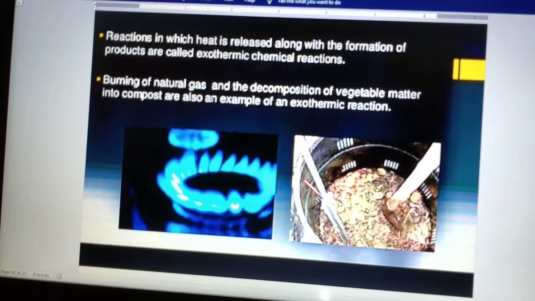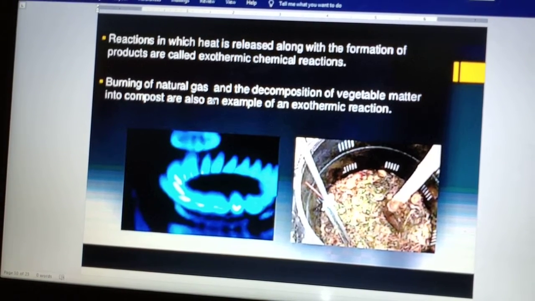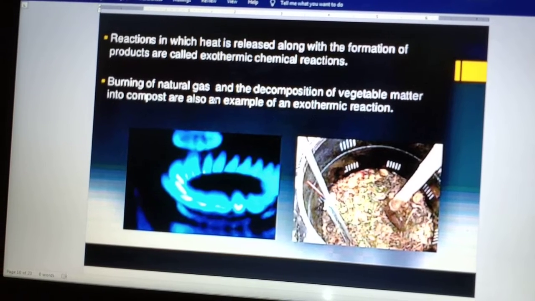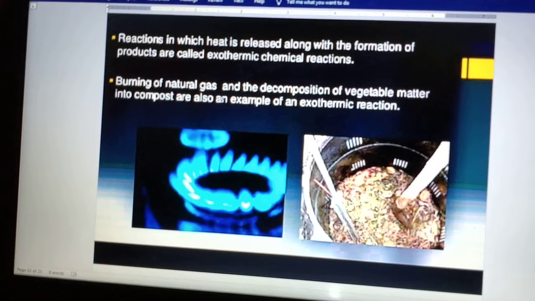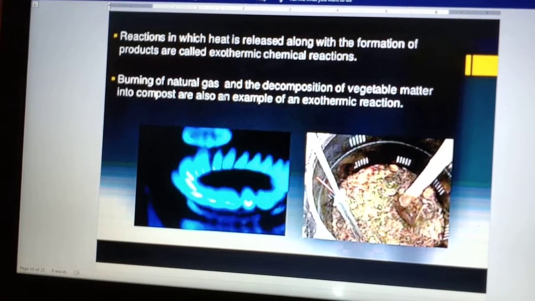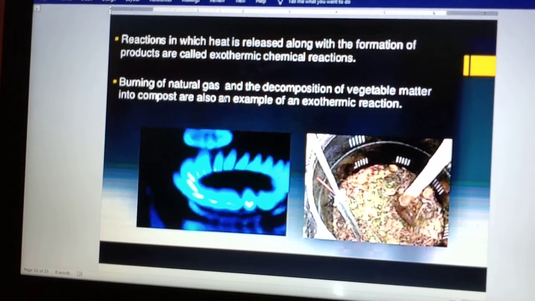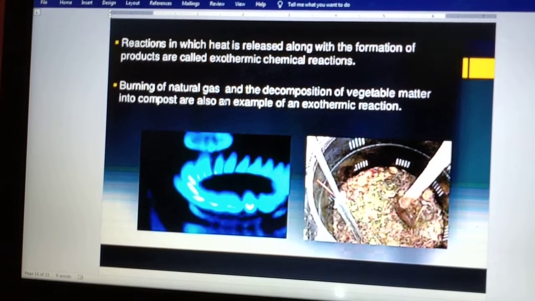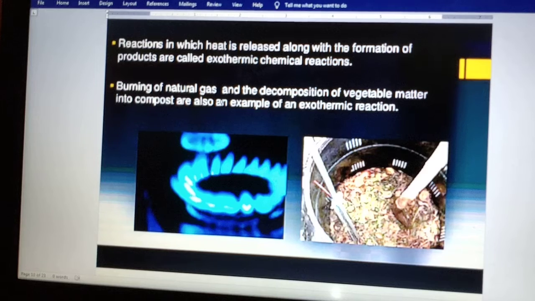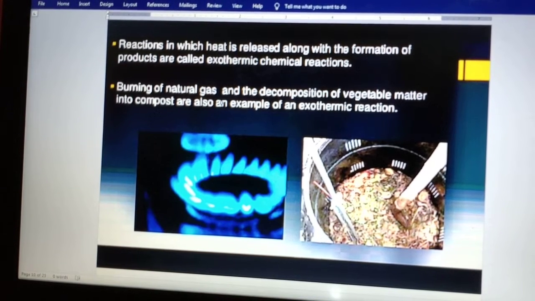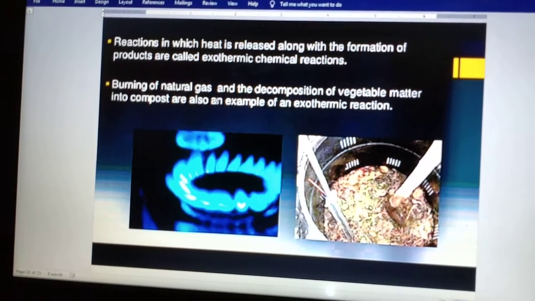This glucose combines with oxygen in the cells of our body and provides energy. The special name of this reaction is respiration. The burning of natural gas and the decomposition of vegetable matter into compost are also examples of exothermic reactions.